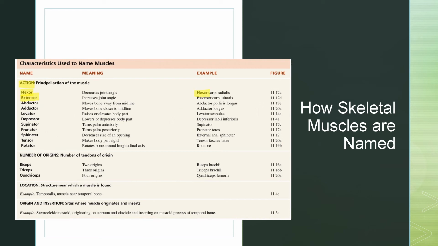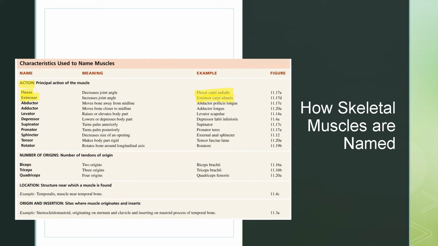The flexor carpi radialis. This would be a flexor muscle that goes over the carpus and the radius. Extensor muscles, extensor carpi ulnaris, same thing. Extensor muscles that go over the carpus and the ulna.